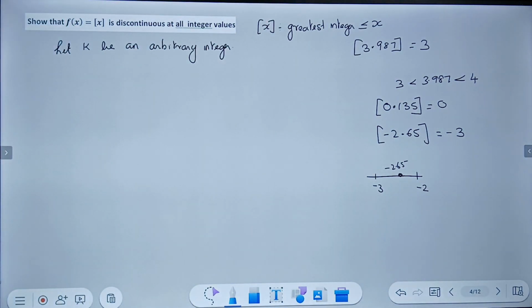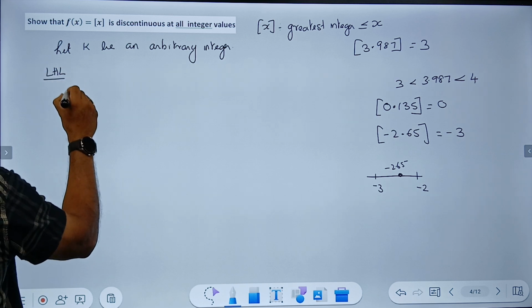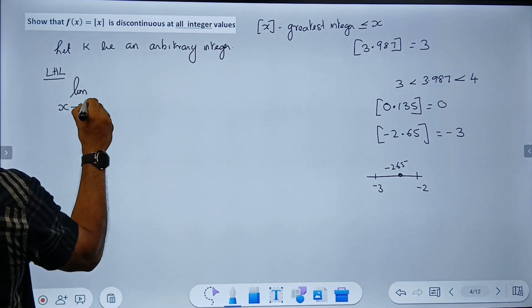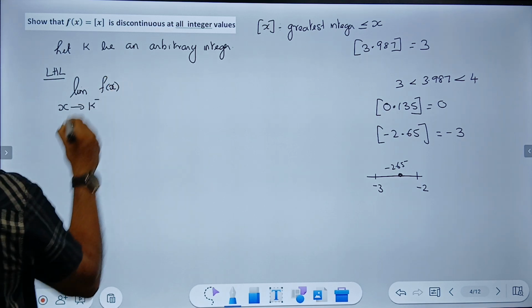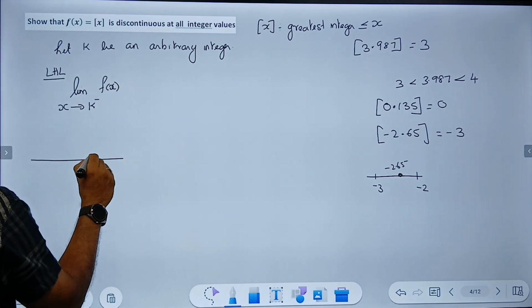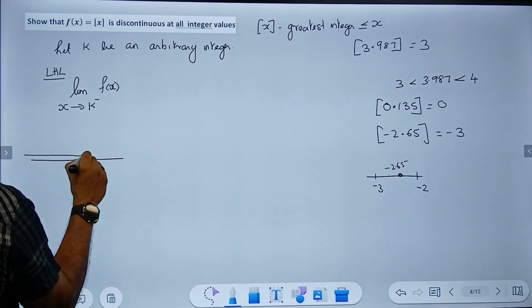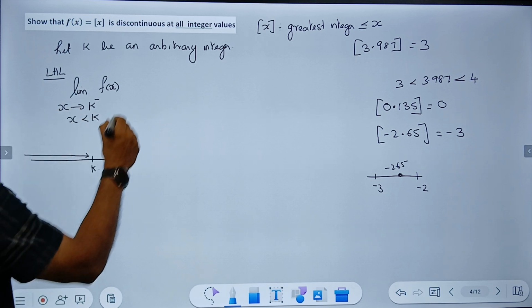Okay. Now, first of all, I'll take the left hand limit. I take limit x approaches K minus of f of x. That is, see, this is K. My x is approaching K from the left hand side. So x is less than K. Okay.